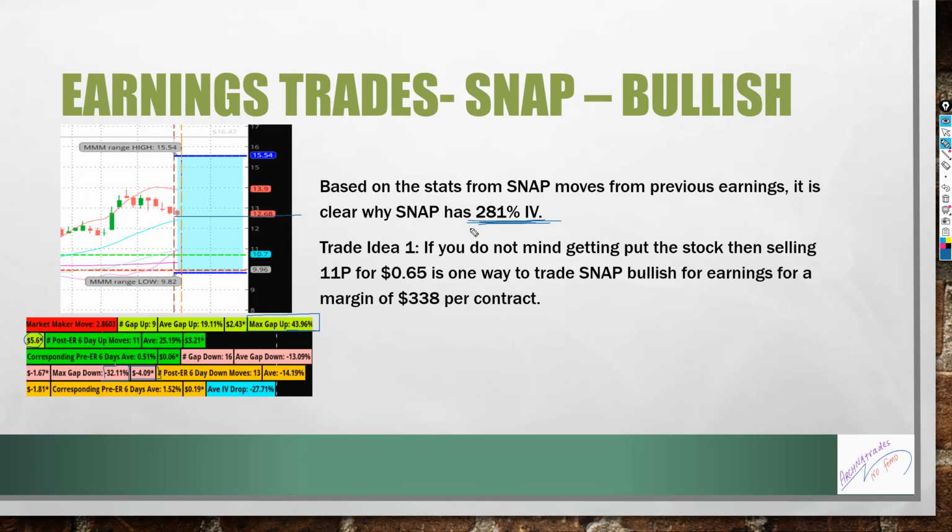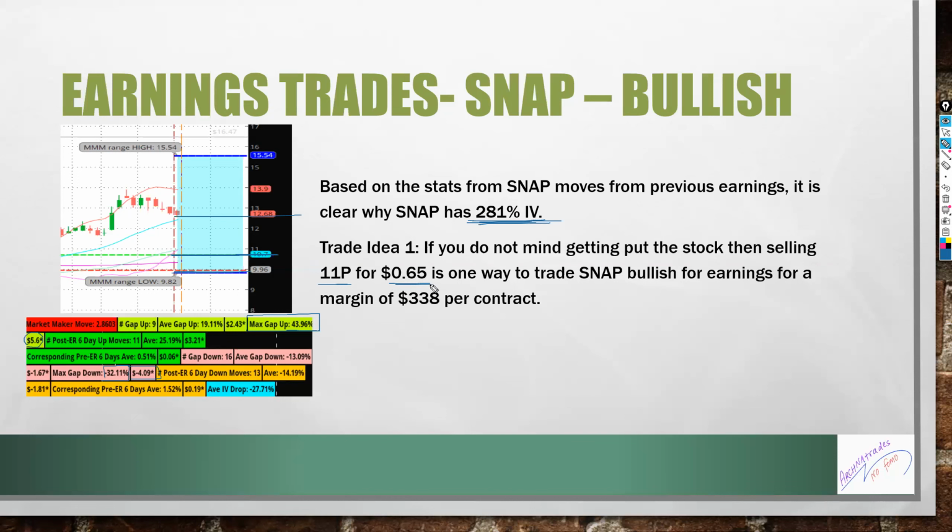So let's think that the expected move is coming to 9.96, which is the range. This is the median. 10.7 is the median down move that you are expecting. If I don't mind buying a stock here at 10.7, you can have one trade idea. You can sell 11 puts for July 28th for 65 cents.